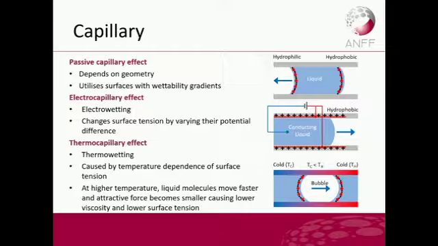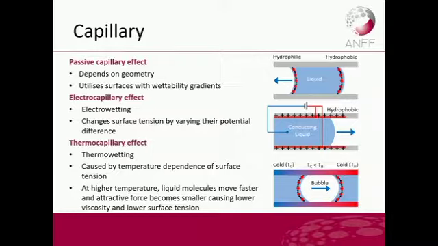I won't go into too much detail about these capillary effects, but these are some other examples of capillary effects that you can look at when dealing with microfluidics. There's the passive capillary effect, which is similar to what we've been talking about before. It looks at the geometry of the channel and uses the surface's wettability and gradients to drive the liquid.